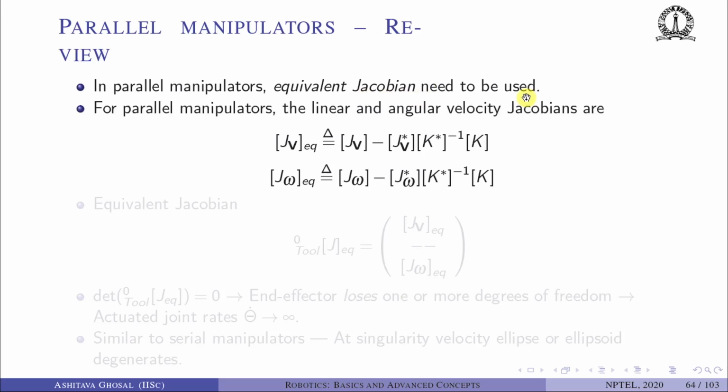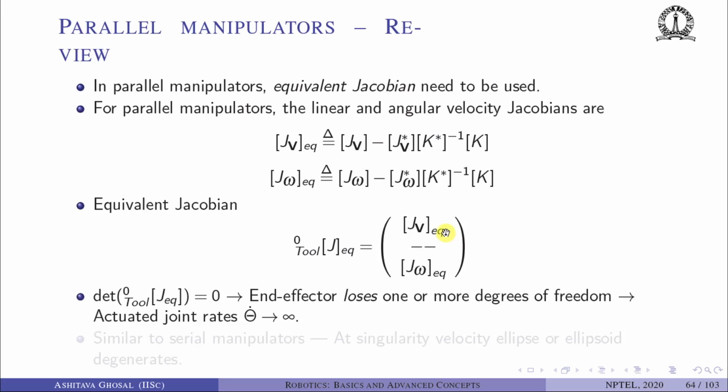For parallel manipulators, the linear and angular velocity Jacobians are JV minus JV star K star inverse K, and J omega equivalent is J omega minus J omega star K star inverse K. The equivalent Jacobian can be formed by concatenating JV equivalent and J omega equivalent, one on top of the other. Again, when the determinant of J equivalent is 0, the end effector will lose one or more degrees of freedom.